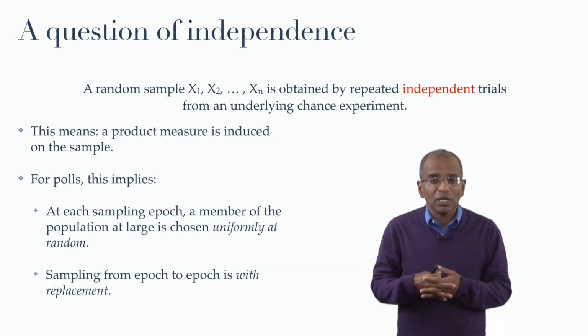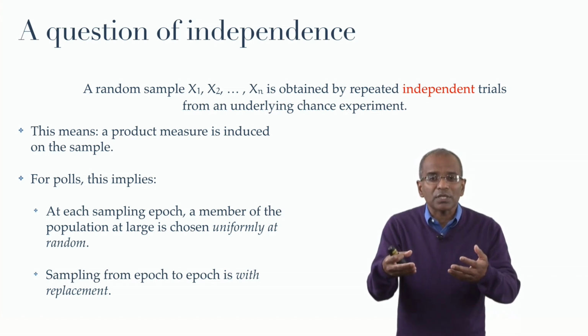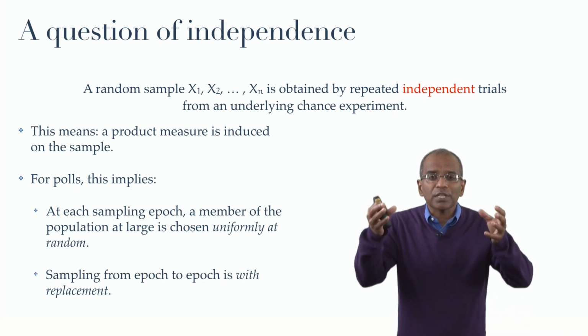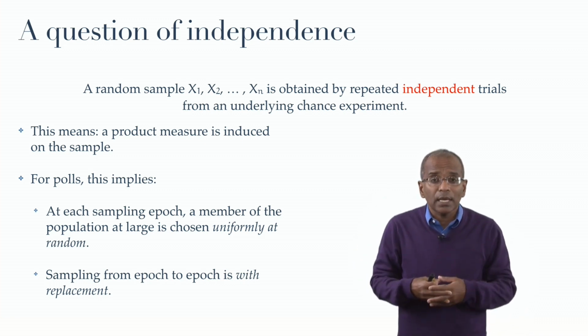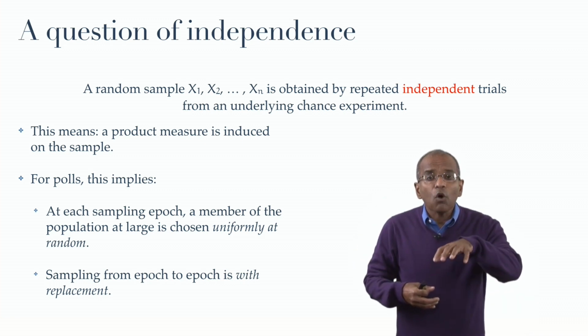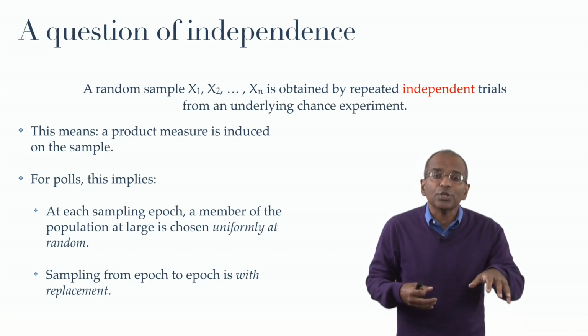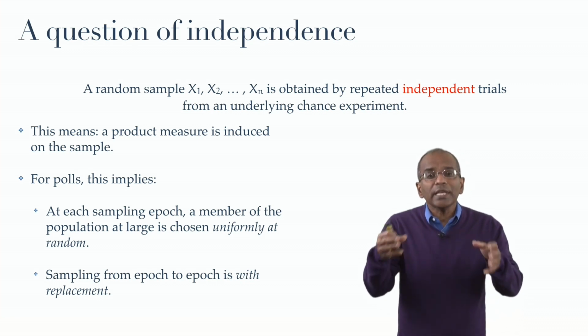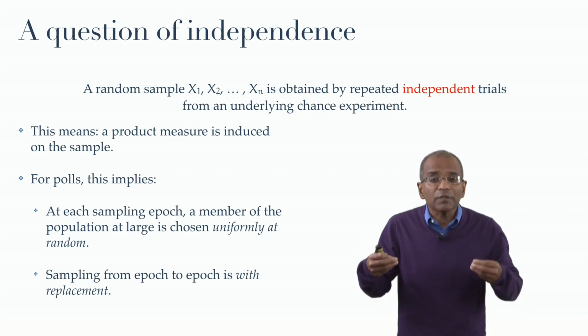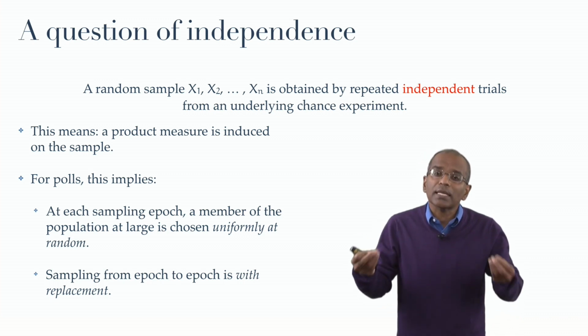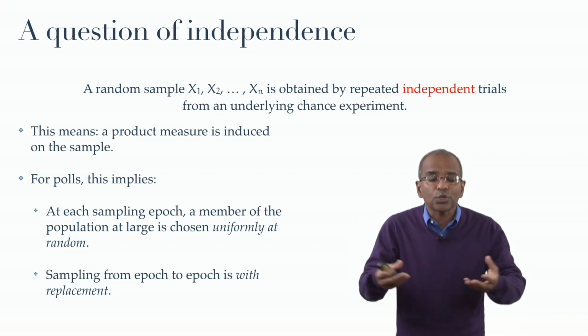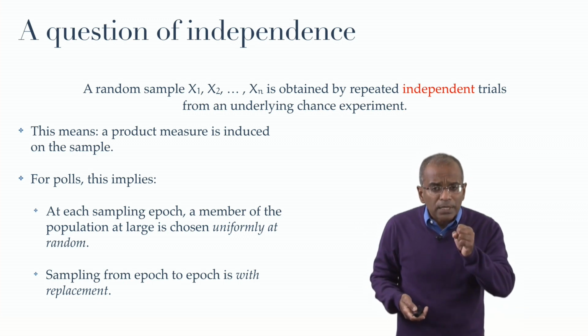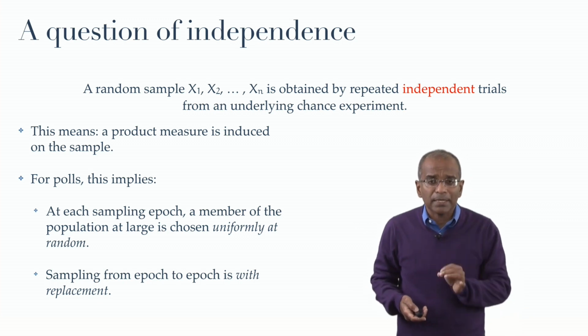In practice, of course, we deviate from these assumptions, these sterile and beautiful assumptions of independence, in various ways. The question then is, how much of an artifact do we introduce in practice? And to the extent that the assumption of independence is violated, to that extent our conclusions are suspect. So this is our first key tenet, independence.